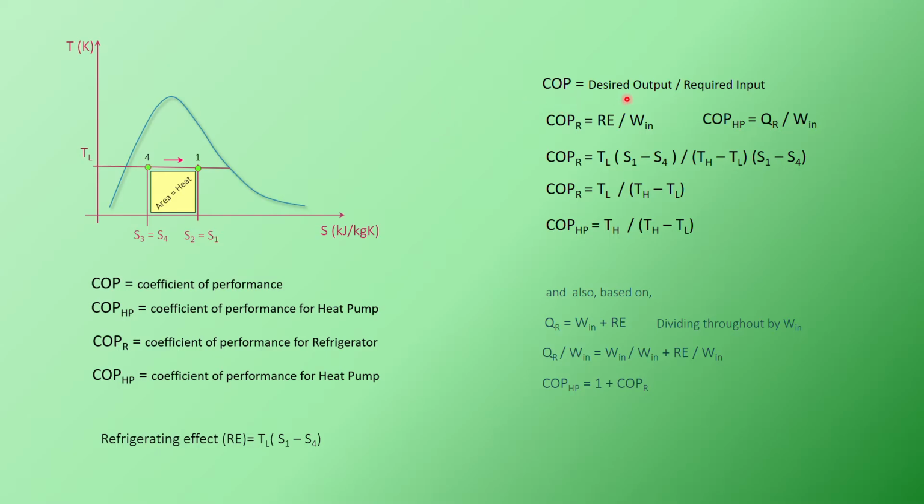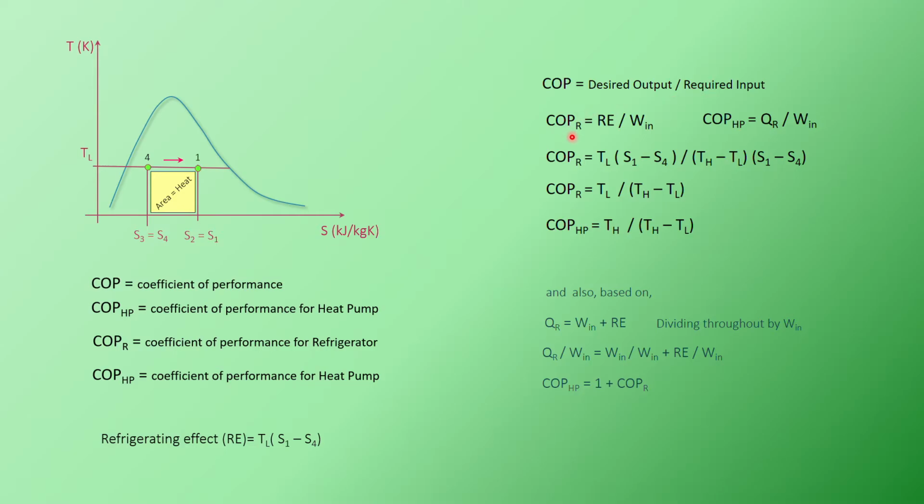It's defined as desired output divided by required input. So what is the desired output of a refrigerator? It is the cooling effect or the refrigerating effect. That is the desired output. And what is the required input? That is the work input from the compressor, that is your power supply. So that is your required input.